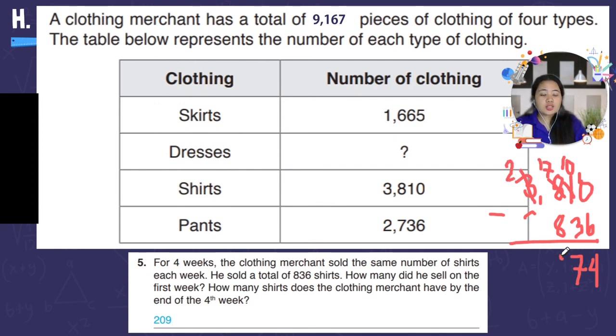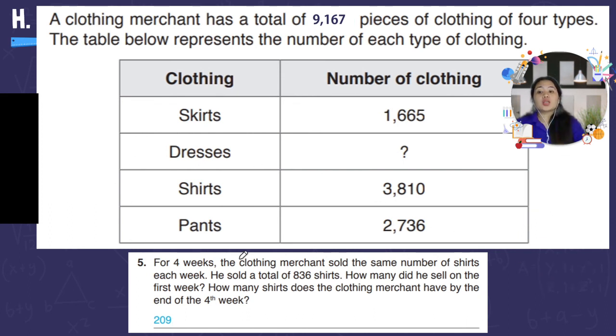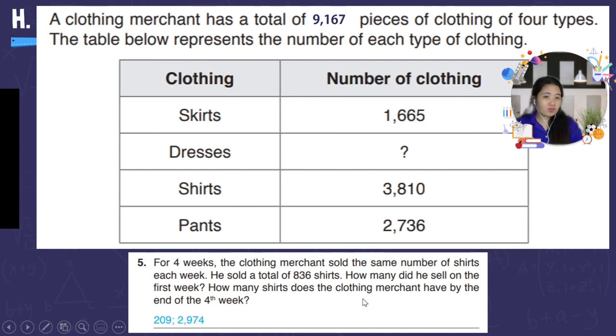So 17 minus 8 is 9. Then bring down 2. So that means the answer is 2,974. That will be the total number of pieces of shirts left. So that will be the answer for number 5.